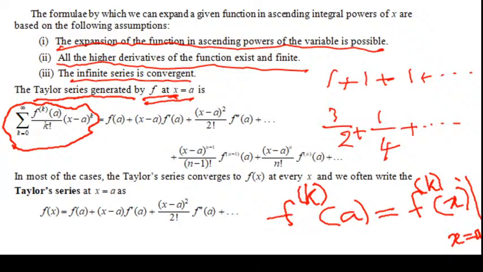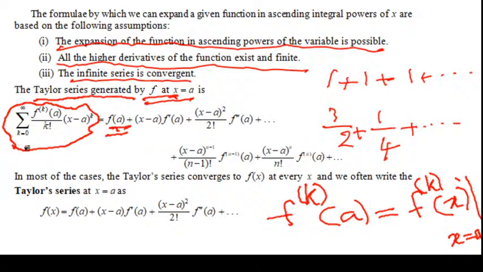And now what about f^(0)(a)? f^(0)(a) means no derivative is applied on the function f. That means f^(0)(a) is the value of the function f(x) evaluated at x is equal to a.